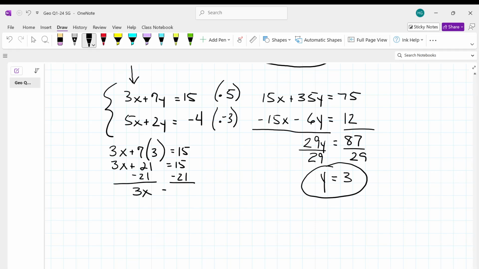My 3x is equal to negative 6. And then divide both sides by 3. So we get an x value equal to negative 2. So our solution for this system is going to be negative 2, 3.